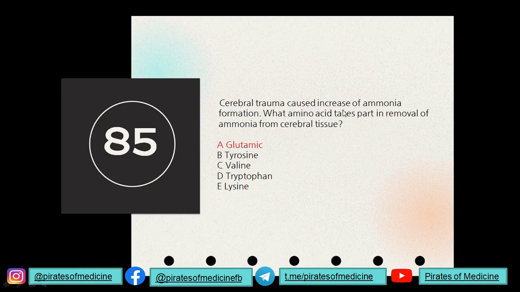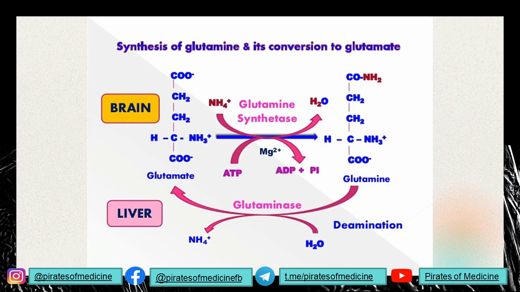85th question is that a cerebral trauma caused increase of ammonia formation. What amino acid takes part in removal of ammonia from cerebral tissue? We have done this question in physiology, and in these anatomy videos as well.